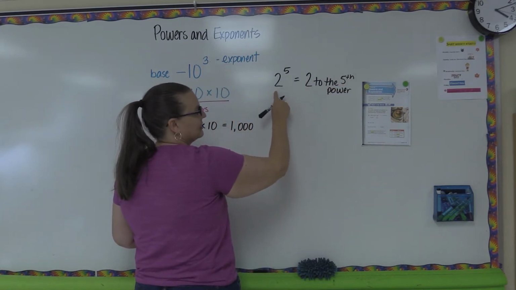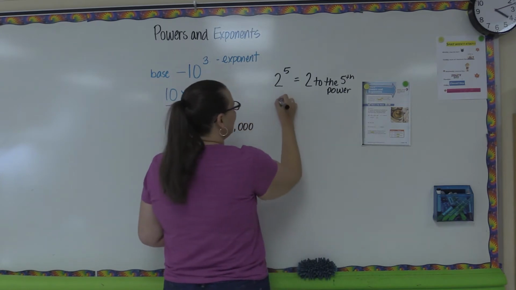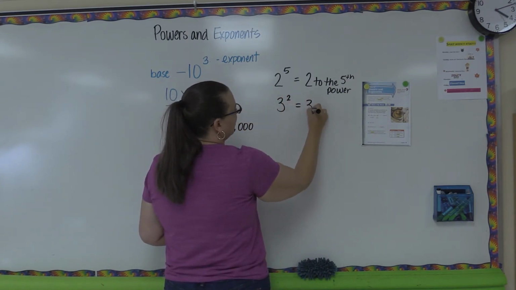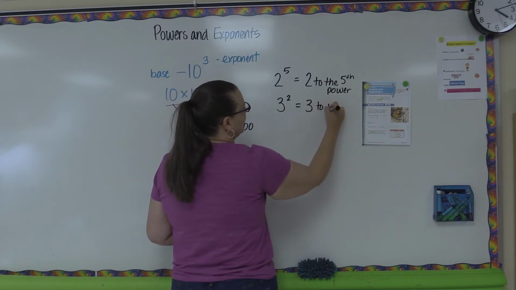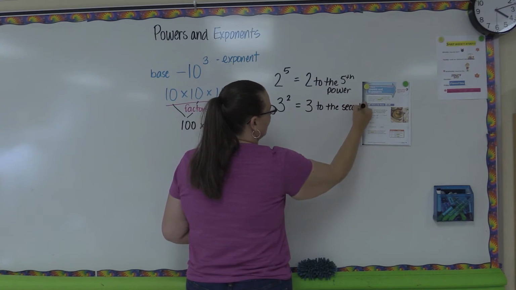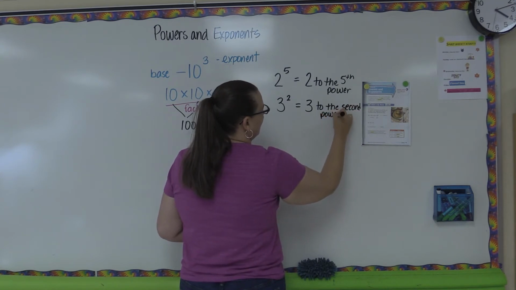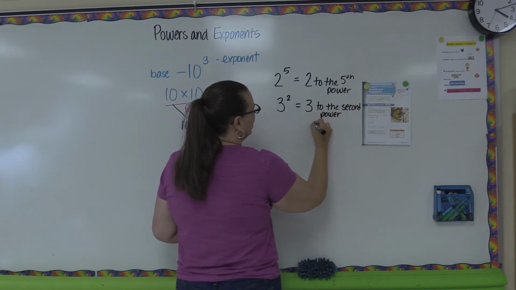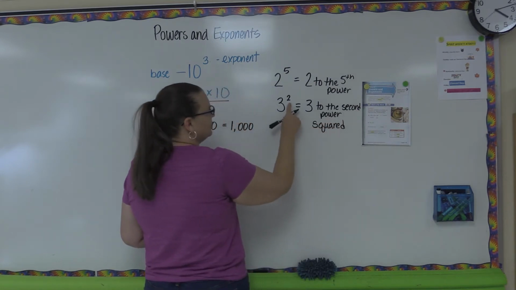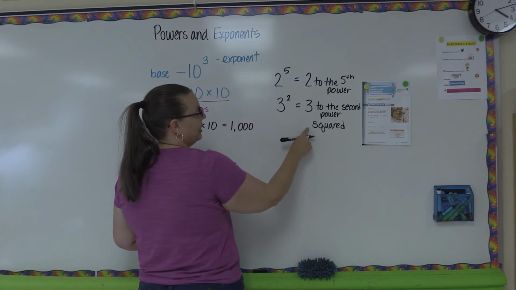The 2 is the base. If you see something like this, this would be 3 to the 2nd power, or we also call this squared. So when you see that 2 as an exponent, you can also say squared.